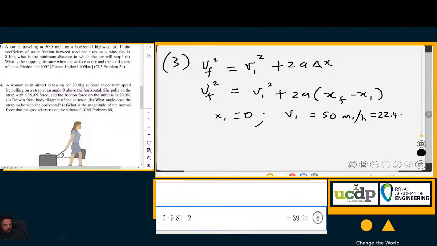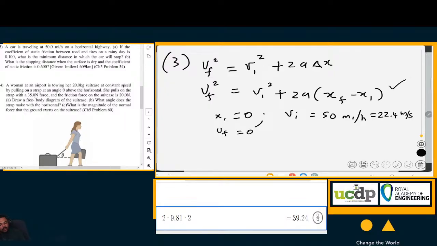You can just convert from miles per hour to meters per second. That's easy enough. That should be initial. And the final velocity should be 0.